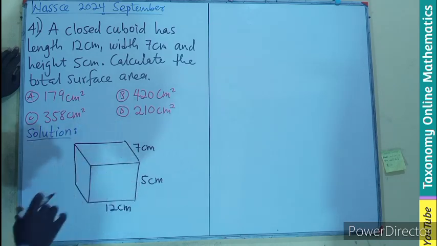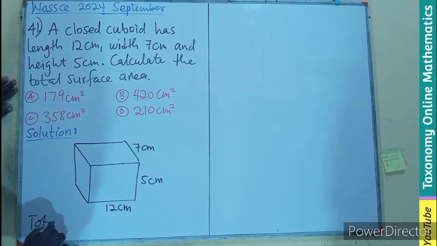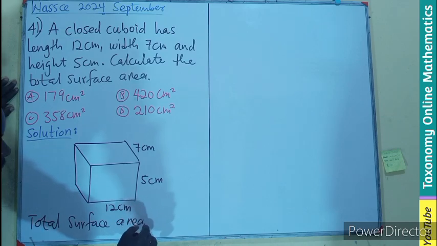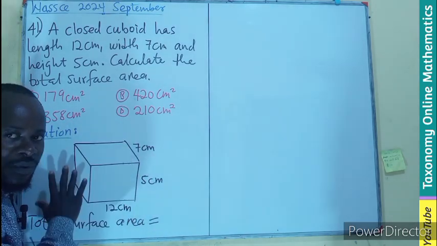Not drawn to scale. So let's have it this way. To find the total surface area, we are asked to find the net of all the faces.